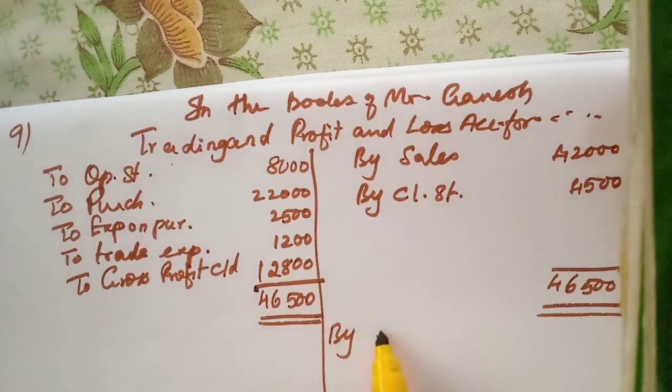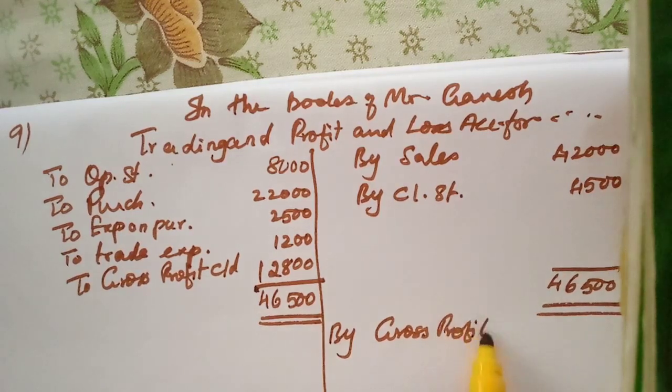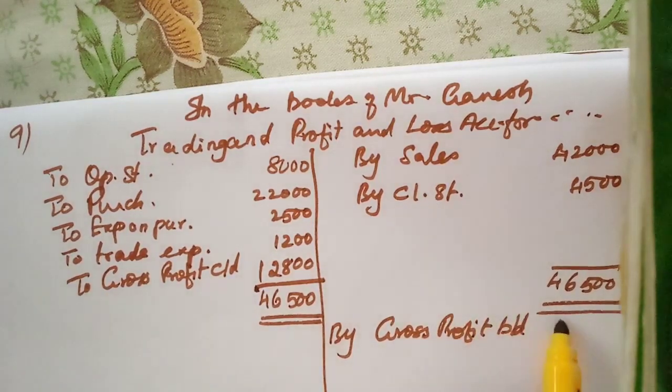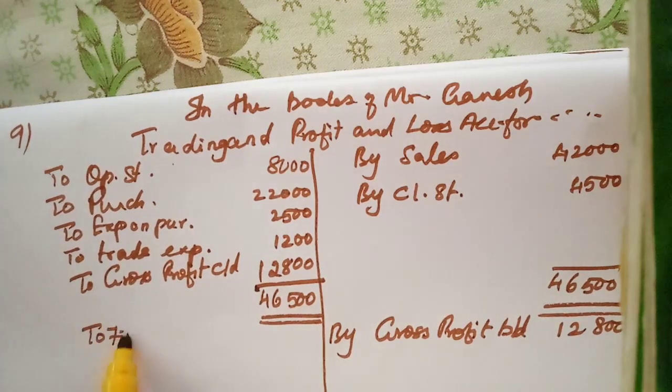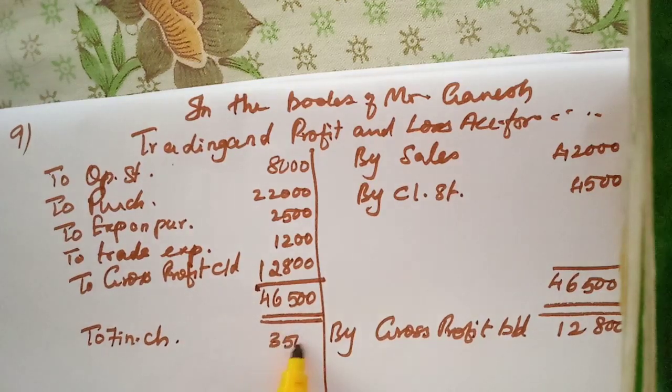Next line, by gross profit brought down, 12,800. Then the other items that we have left out, you have to write now. Stock purchase, sales expense on purchase, financial charges paid. So to financial charges, 3,500.